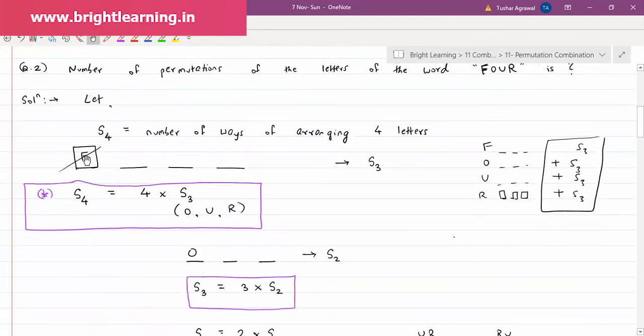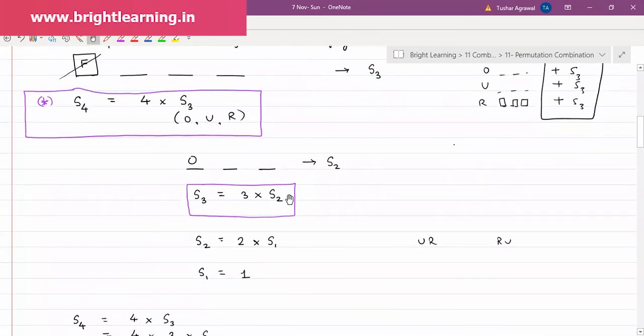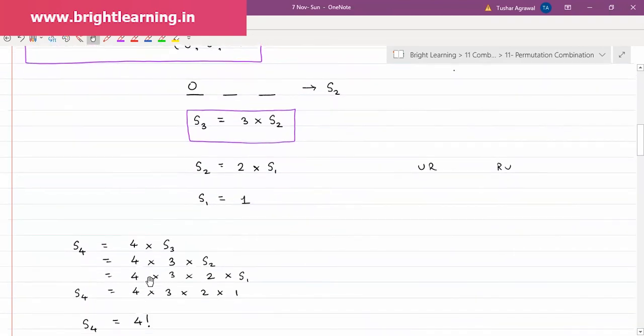So at the first position, say 4 is the total number of arrangements, so 4 multiplied by 3, then 3 multiplied by 2, lastly we were left with 1. So we went 4 into 3 into 2 into 1.